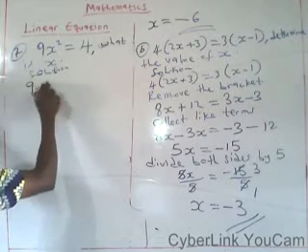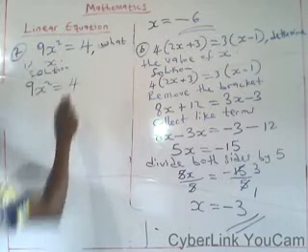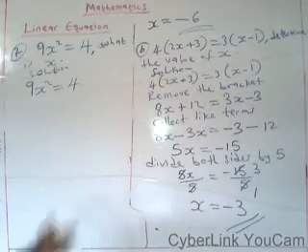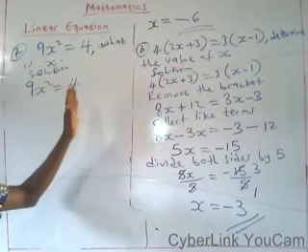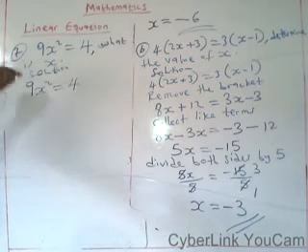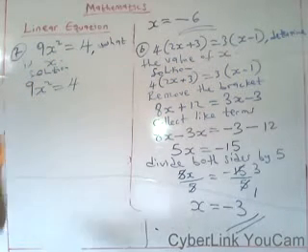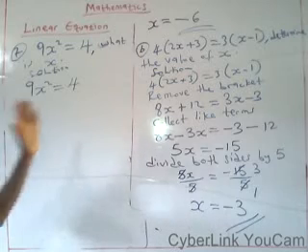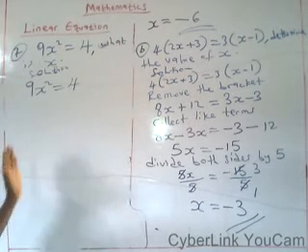Nine x squared is equal to 4. Don't be surprised. All you need to do is find a way of making x stand on its own, without any attachments, either as power or as coefficients.